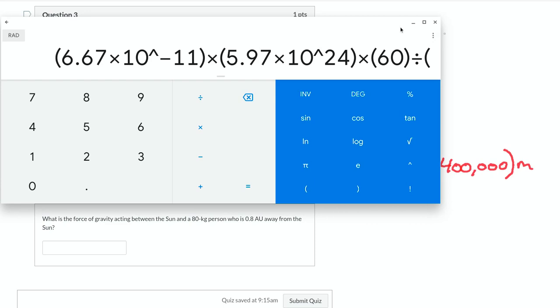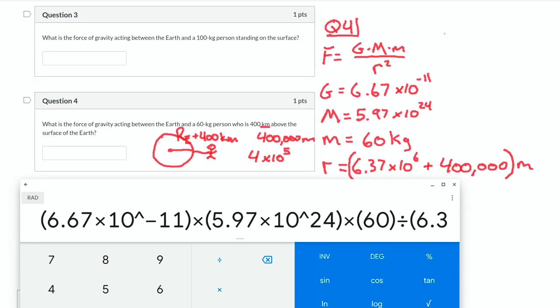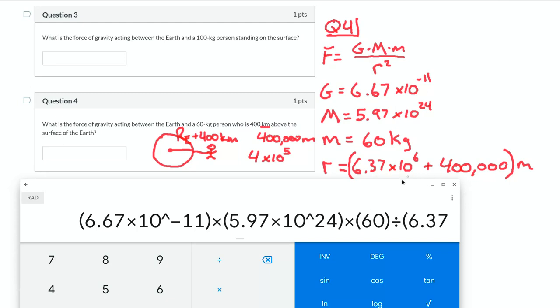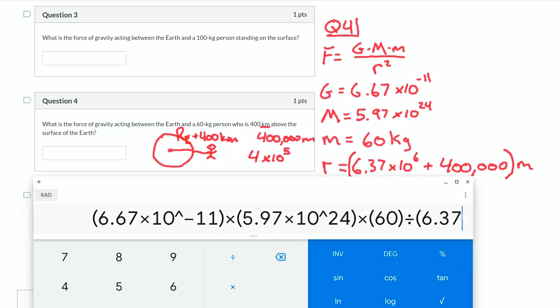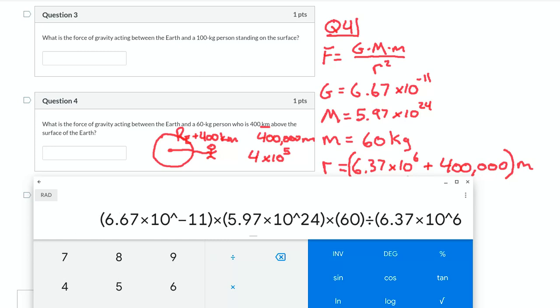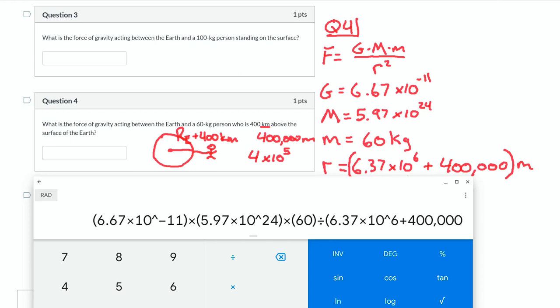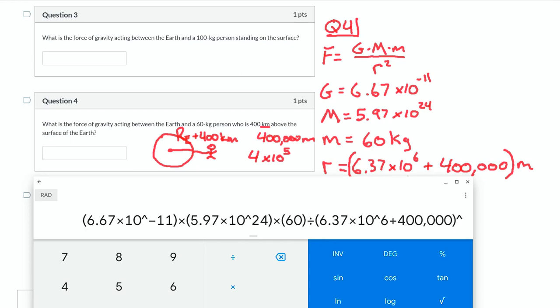parentheses, I've got the radius of the Earth, 6.37 times 10 to the 6 plus 400,000, close parentheses, squared.